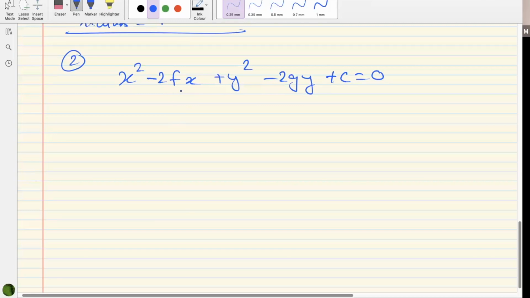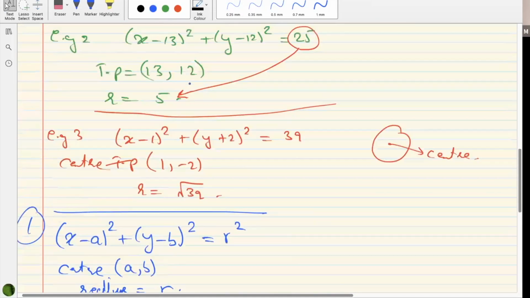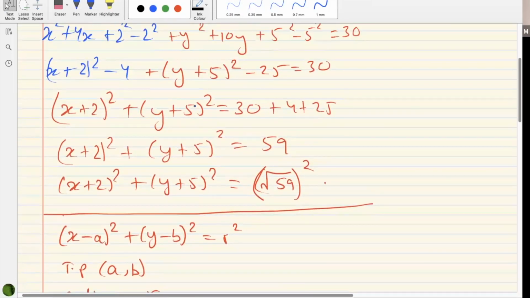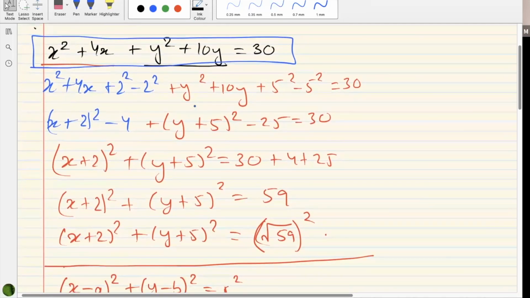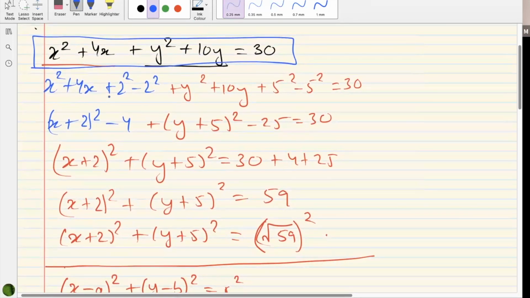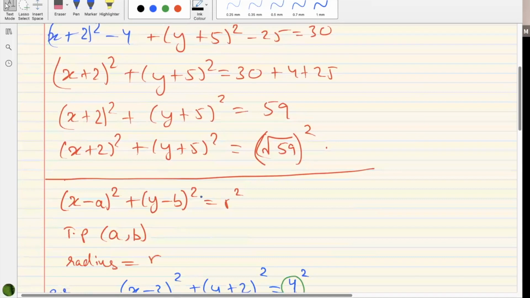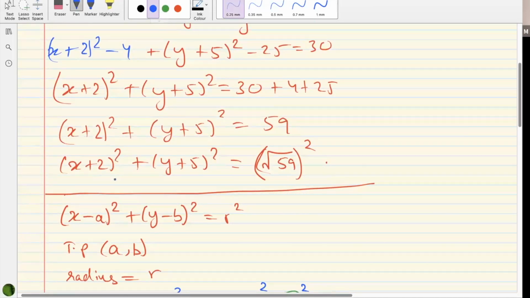Whatever the coefficient of x is, center is f comma g. That is half and sign change. Half and sign change. If we come back to this, do you realize that the coordinates of center for this very equation were minus 2 comma minus 5?